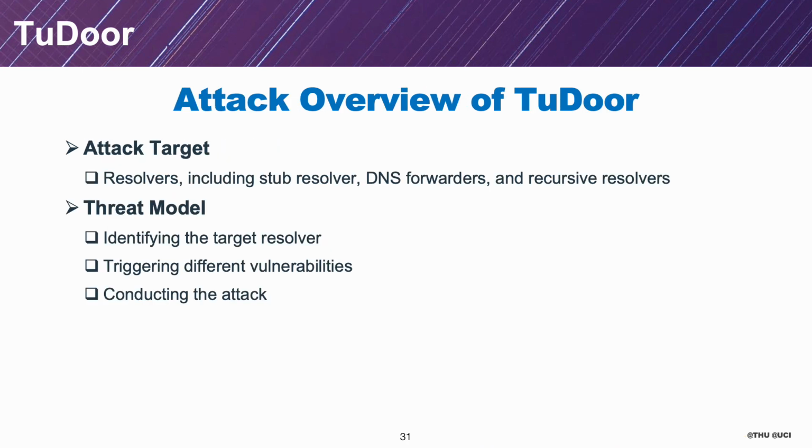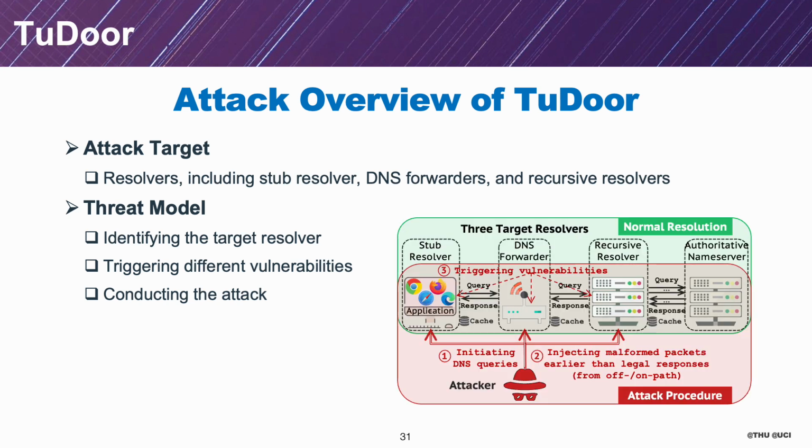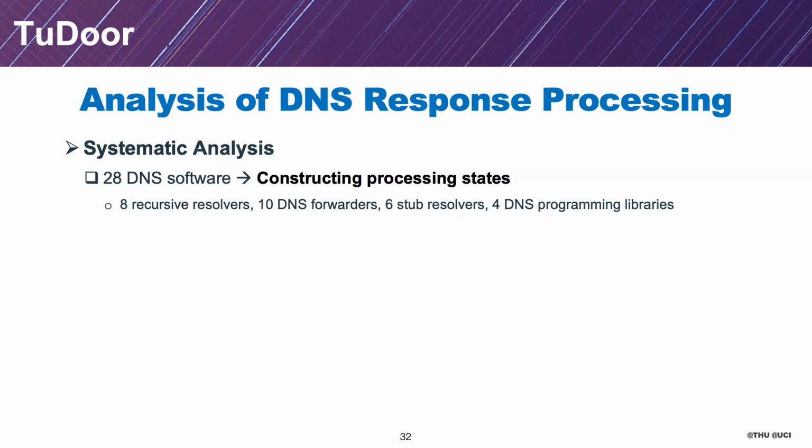So the threat model is shown here. Our attack target includes all resolver roles. When attacking, first we identify the target resolver, then we trigger different vulnerabilities based on the resolver role, and lastly we conduct the attack.